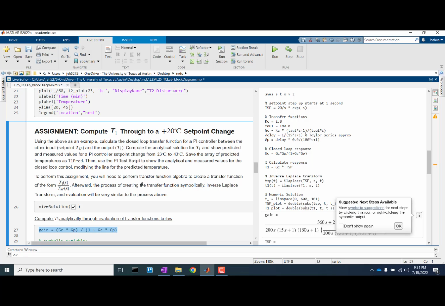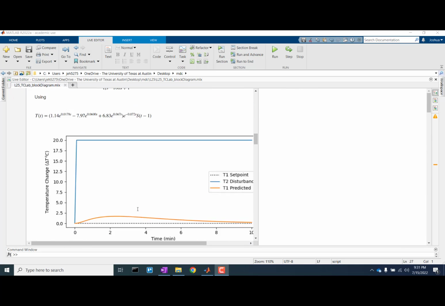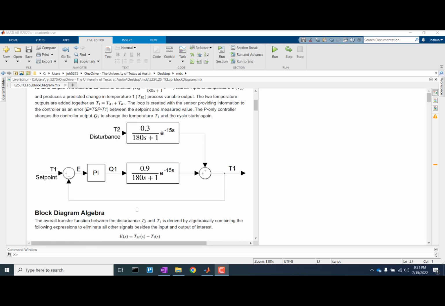So our gain for this process is going to be, let me get out my pen. Either way, we're going to get to this form right here where it's T1 over T set point. And so let's come up here and just look at our equations here for a second.